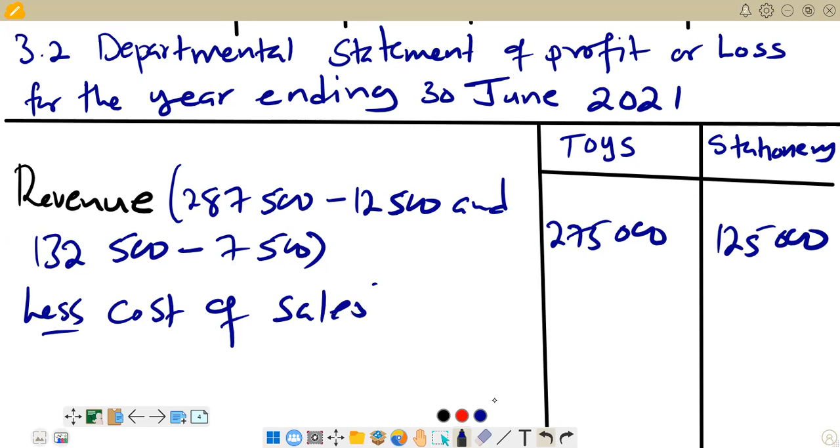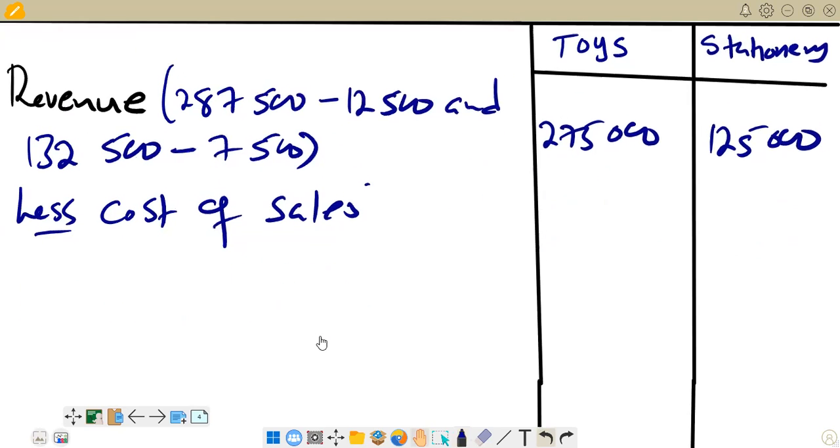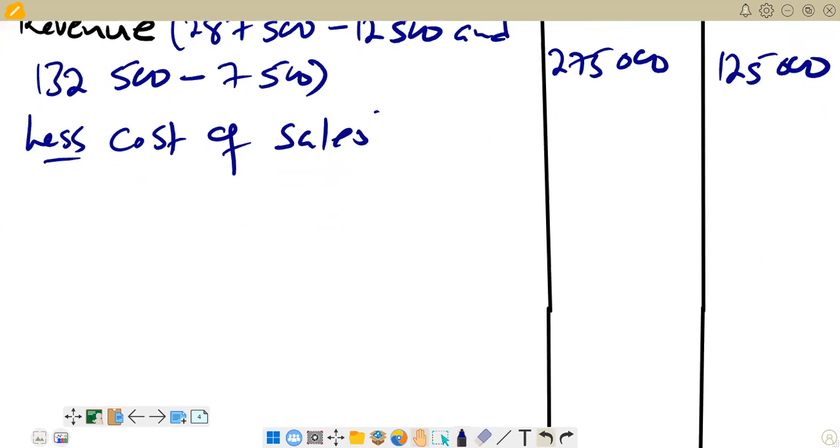And then if we have got some carriage, we add it, and the customs duties, we add them again. And finally, we subtract the closing inventory, closing stock. So we are going to summarize the workings beneath the heading that we have there for cost of sales. So here we are going to start with opening inventory at the beginning of the year.